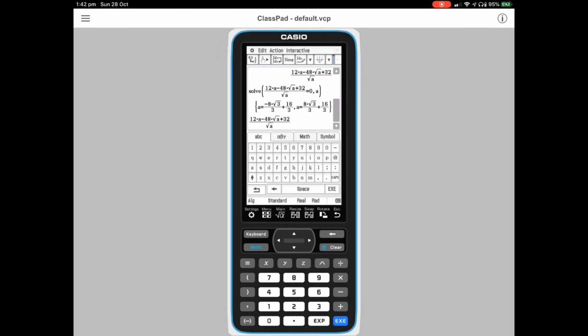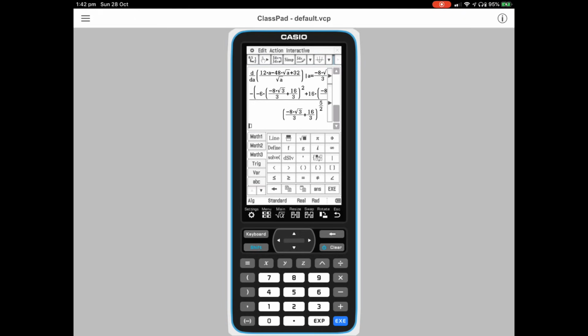If I derive it again and sub in those values, I want to have a negative, so that's got to be a maximum, which means the other one is positive, so it's got to be a minimum.